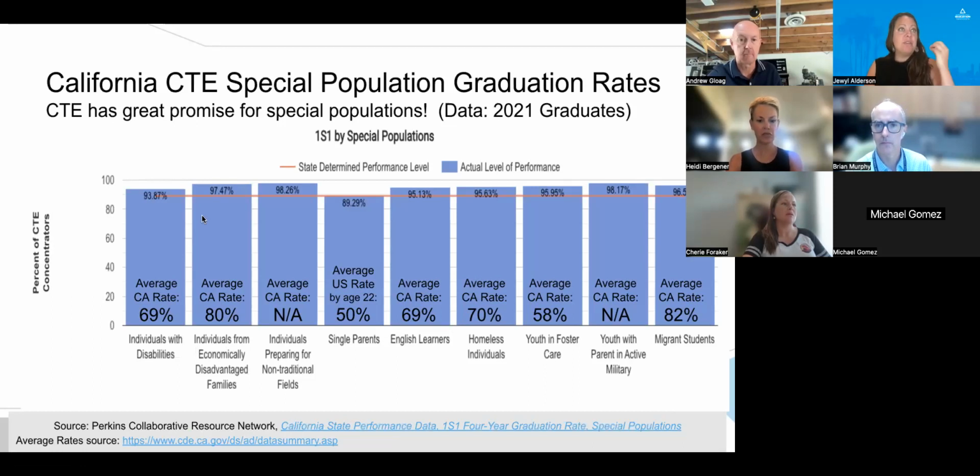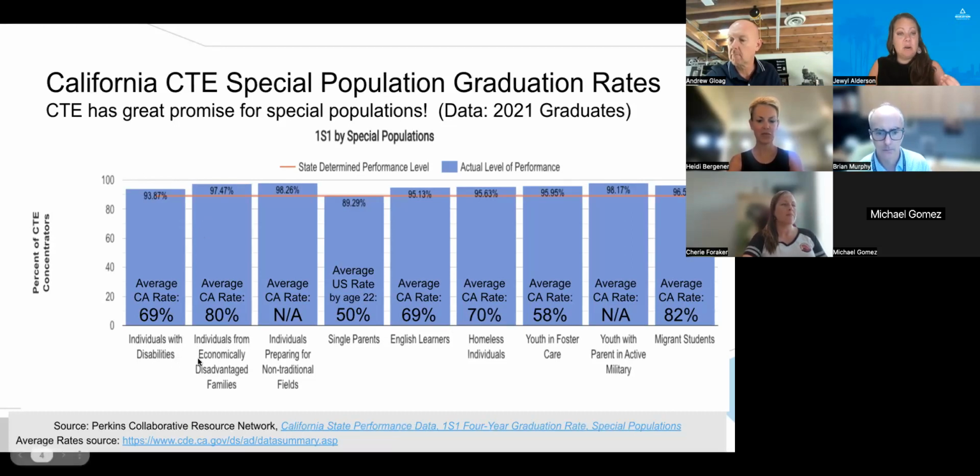As you're thinking about your CTE programs, it's really important that even though you might only have a few homeless youth, a few foster youth, you come up with ways to really specifically interact with these populations and encourage them to be part of your CTE, at least at the percentage that your other populations are in CTE.